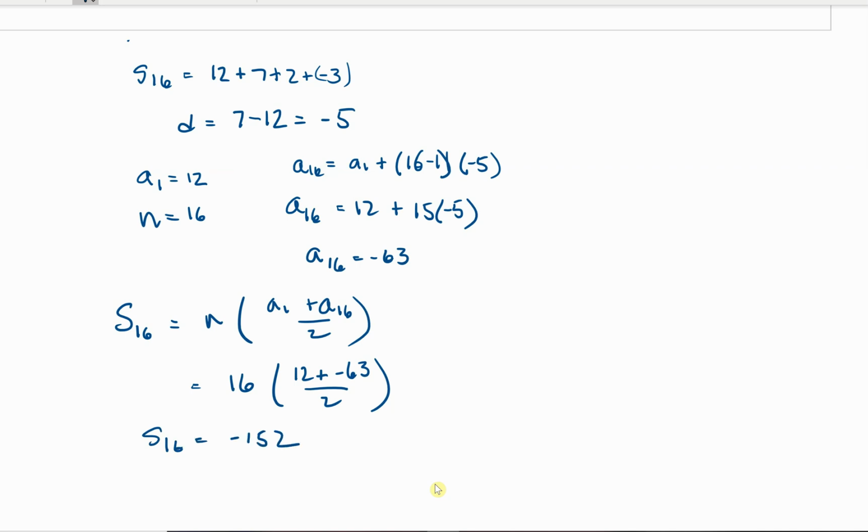Let me double check my math. 12 plus negative 63 is negative 51. Divided by 2 is negative 25.5 times 16 is, yeah, it's not negative 152. Whoops. It is negative 408.